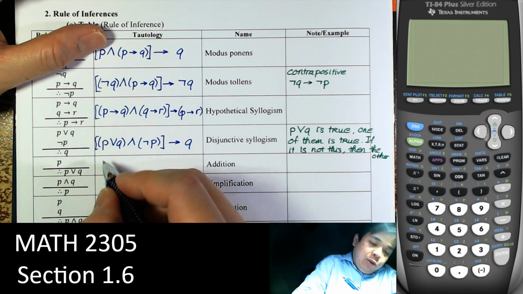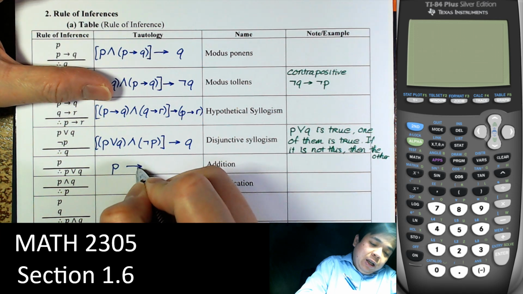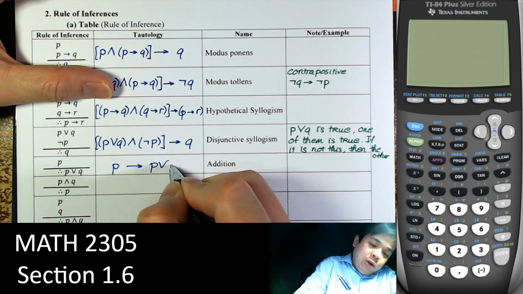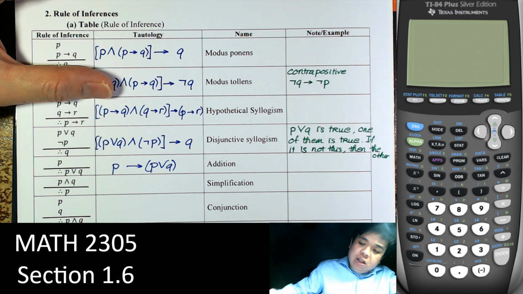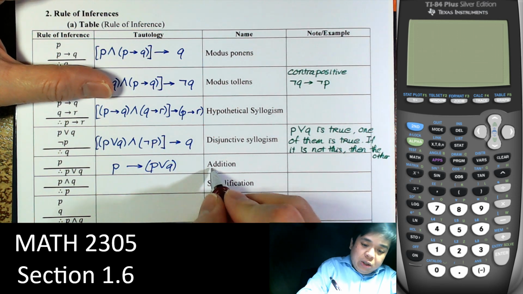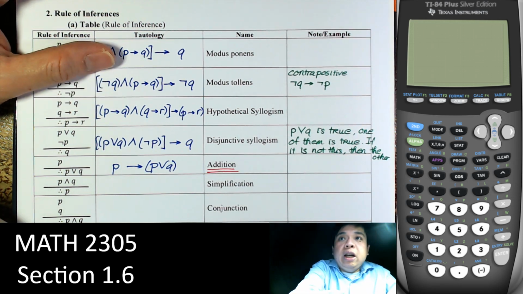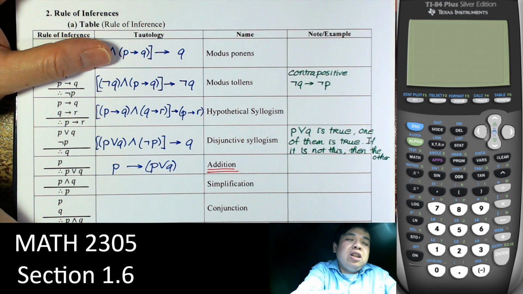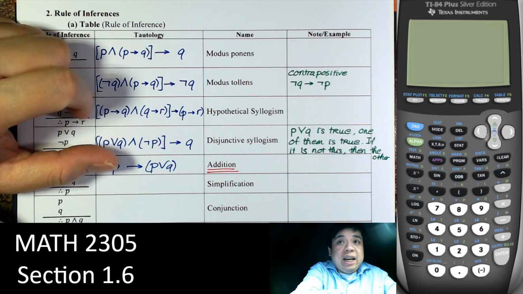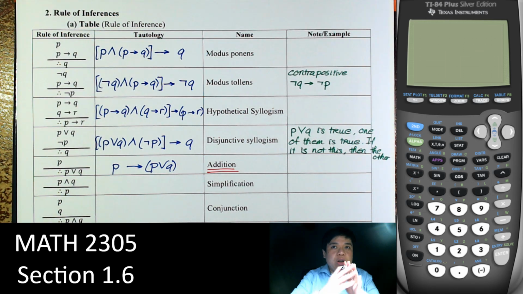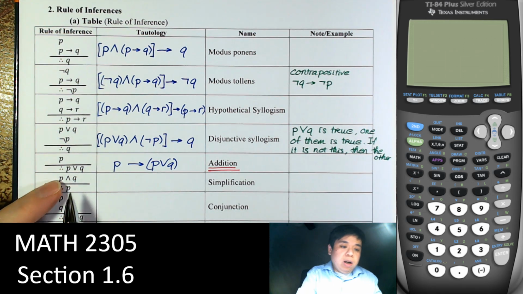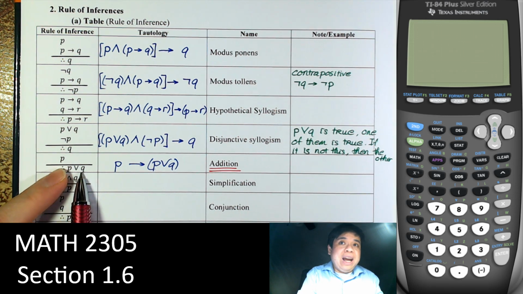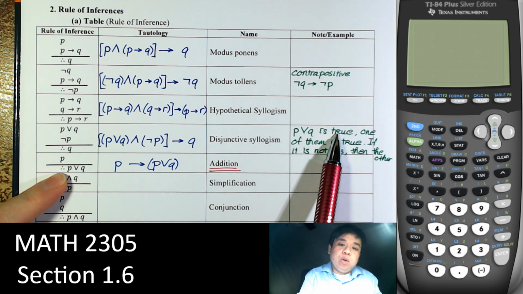Next, we have P implies P or Q. Now, the name of this is called addition. So what do we add into it? For example, I could say 1 plus 1 is 2 is true, and then I can just add any statement to it. The whole thing together is going to be true, because for P or Q, if P is true, you can add anything to that, because you only need one of them to be true, right?